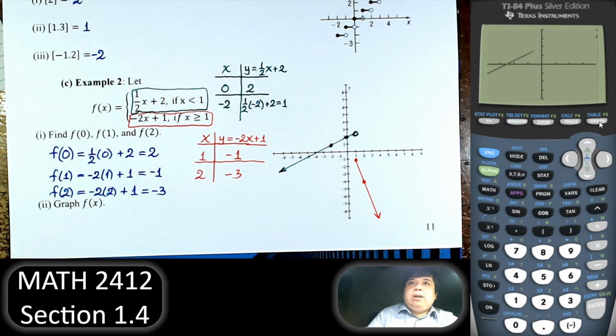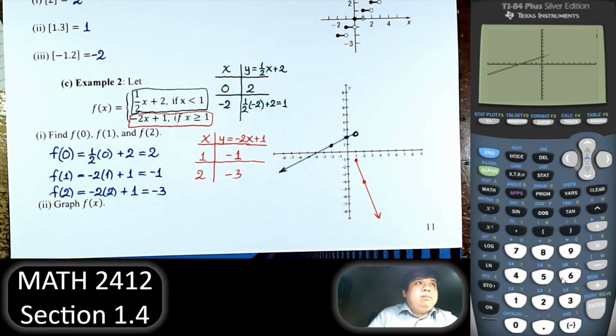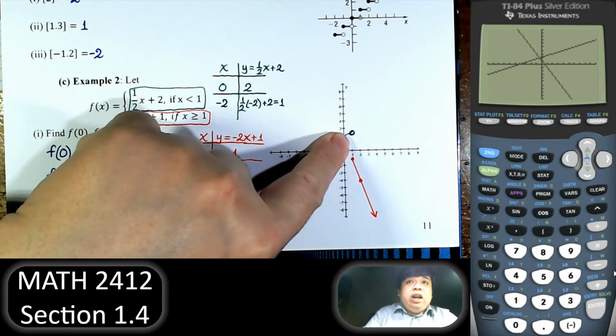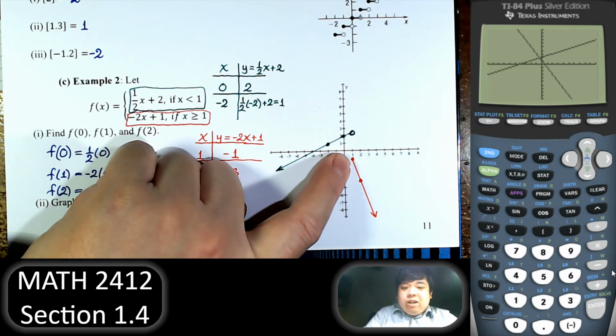We want the piecewise function, right? By the way, let's go back to the standard window. Now, if we want the piecewise function, that's kind of nice and all, but it's not going to be perfect. The graph will not show the empty circle or the solid dot.